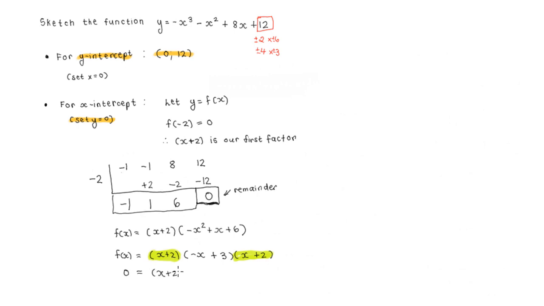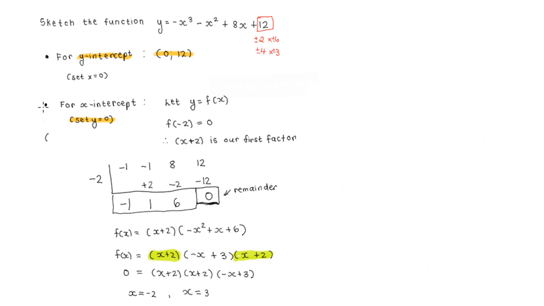I'm going to write x plus 2, x plus 2, just so that I remember that I have a factor that is repeated. Then I have minus x plus 3. Setting each of these brackets equal to 0 will then give us our x-intercepts. We're only going to have 2 this time. It's going to be x is equal to -2 and x is equal to positive 3.